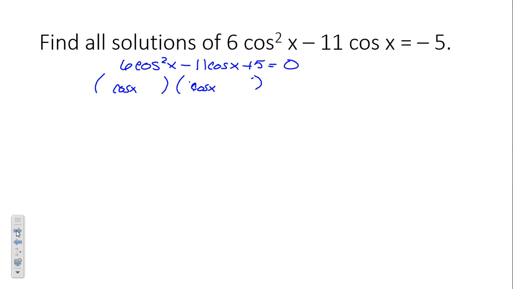So the only other way to get 6 is 6 and 1, isn't it? So we're going to try a 6 cosine and a 1 cosine. And let's put the 5 here and the 1 here so we can get 6 and 5, which will get us 11. And the signs of them have to both be negative.